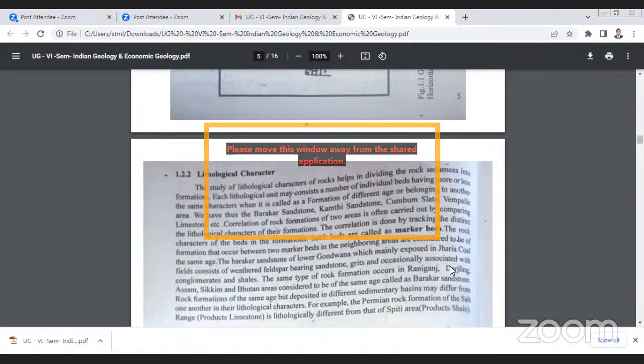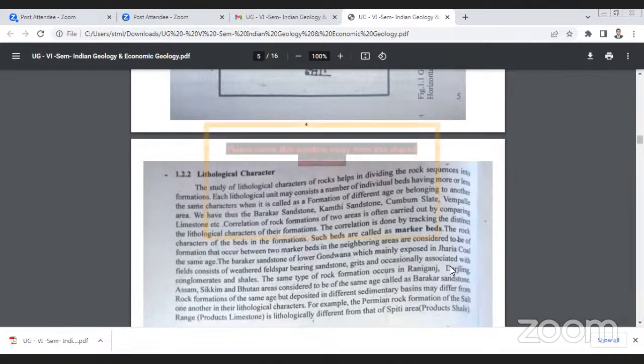So the formations are different, and again, the basic thing is that it consists of or is associated with feldspathic sandstone. Again, the same type of rock formations we see in Raniganj, and in Darjeeling, Assam and Sikkim areas, which are also called Barakar sandstone formation.